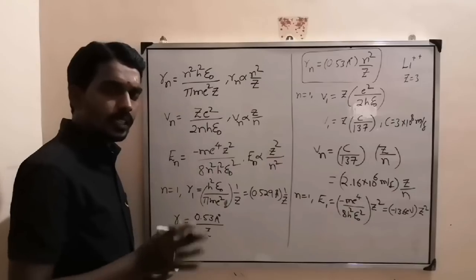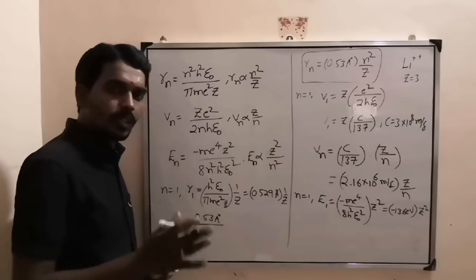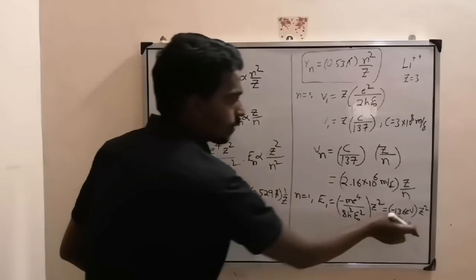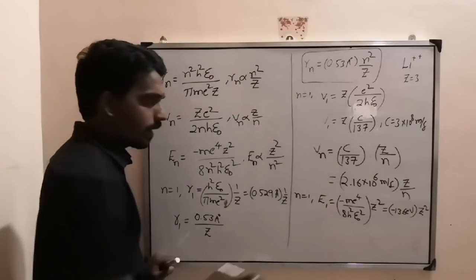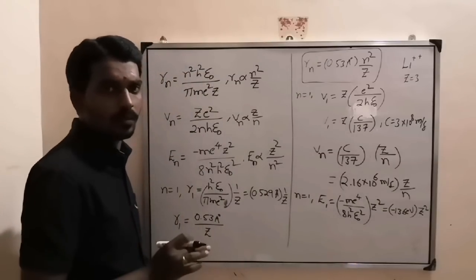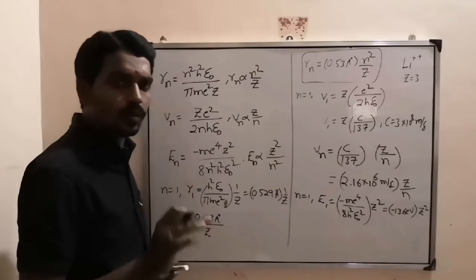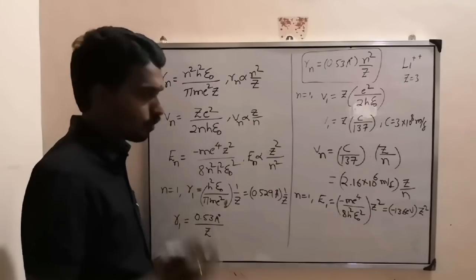So I told you in the last chapter also, from now onwards, most of the times we express the energy in terms of electron volt. And you know how to convert electron volt into joules also. 1 electron volt is equal to 1.6 into 10 power minus 19 joules.